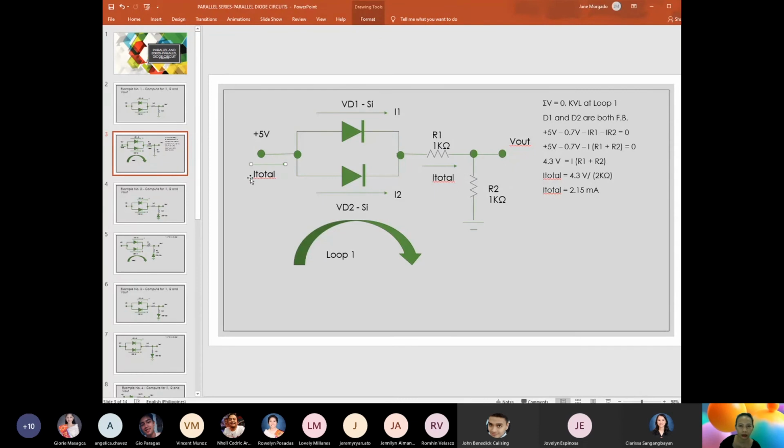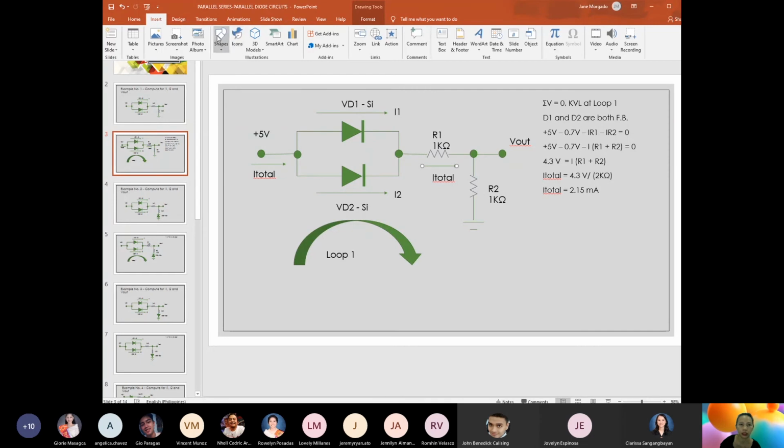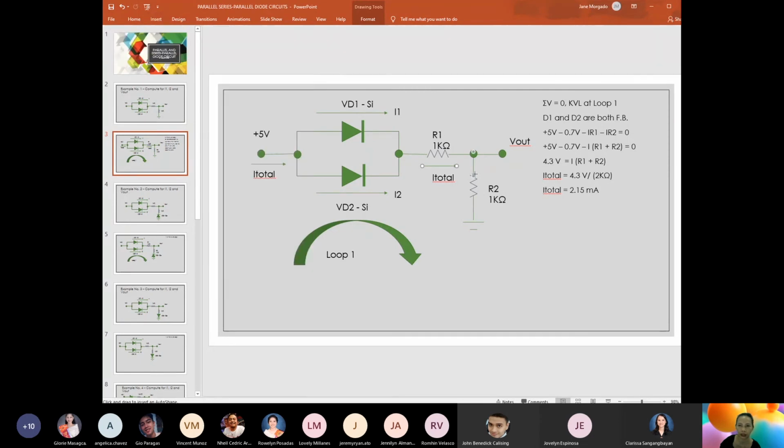Ito yung kotse. Then, you have to make a choice whether dito o dito ka dadaan. Pero pagdating sa dulo, mag-merge pa rin yung mga cars. Same I total here, same I total here. Yun din yung I total na nagpo-flow through R2.